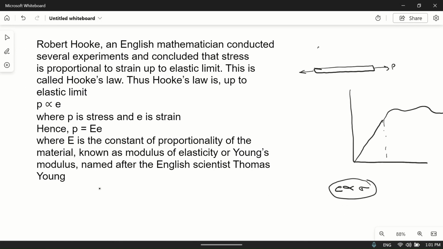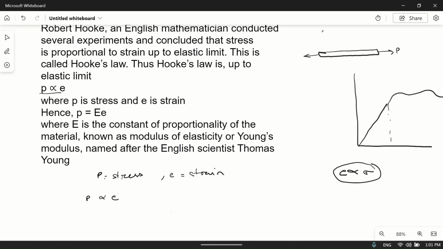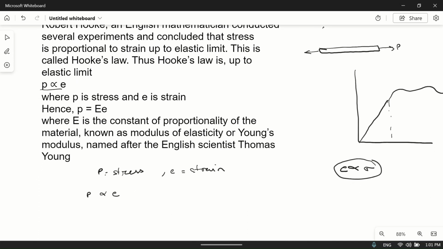Suppose P is stress as shown here and e is strain, then P is proportional to e, stress is proportional to strain, and if we put in the constant here, then P is equal to E into e.